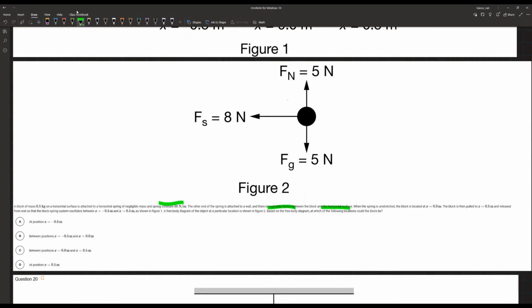It is pulled and released so that it oscillates. All these questions seem really repetitive, so I'm skipping them, sorry. We release it from rest from a position that is not the system's equilibrium position so that it undergoes simple harmonic motion. A free body diagram at a particular location is shown. Based on the free body diagram, at which of the following locations could the block be?